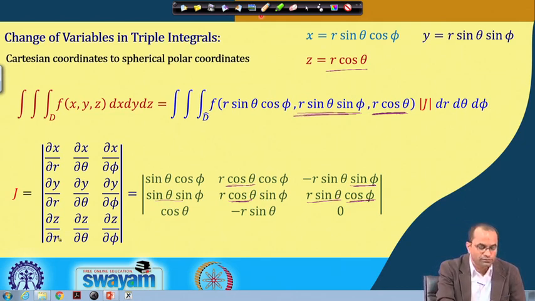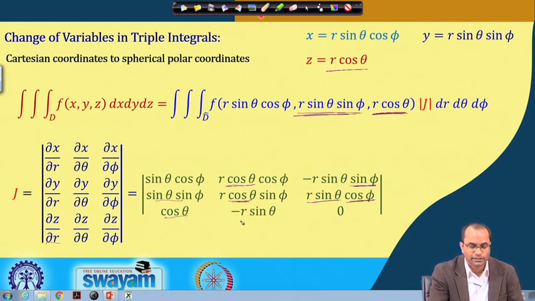Similarly, with respect to z, with respect to r we will have cos theta here, and with respect to theta we will have minus sin theta, and the r will remain as it is. And then with respect to phi of z: z does not have phi, z is equal to r cos theta, and therefore we have 0 here, because there is no phi term in z. So, del z over del phi will be 0.